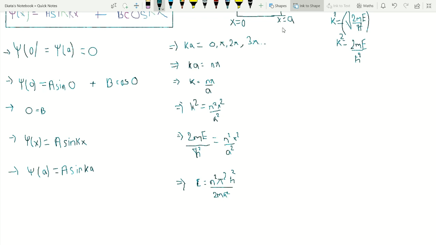So note down, this is the most important equation in the infinite square well.